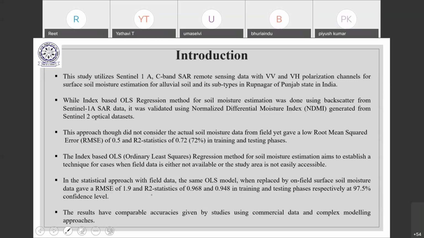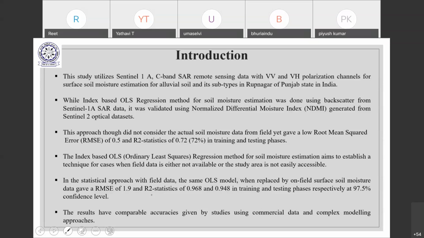No field data was taken here, and the R square statistic of this study was around 0.72 in the training and testing phase. The index-based ordinary least square regression method for soil moisture estimation aims to establish a technique for cases when field data is either not available or the study area is not easily accessible.